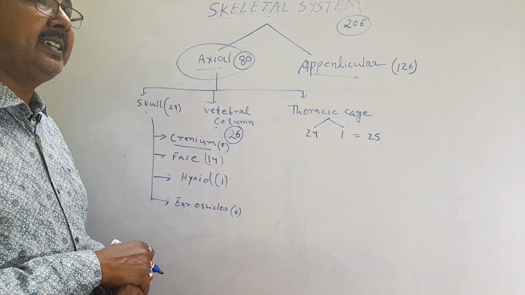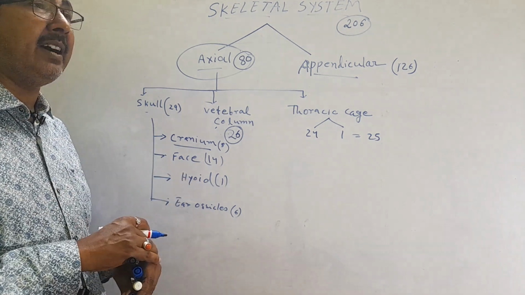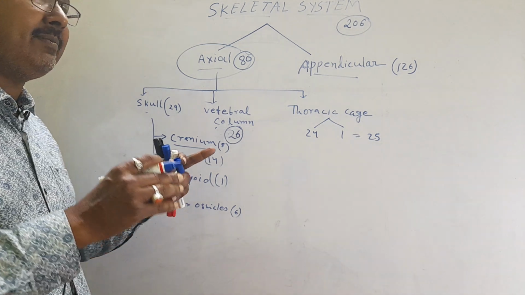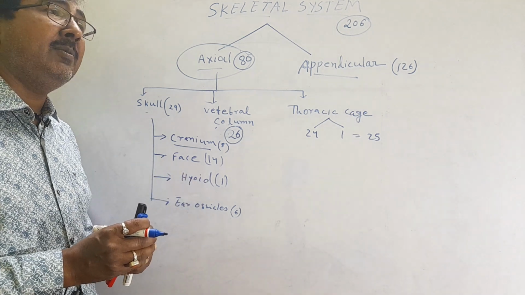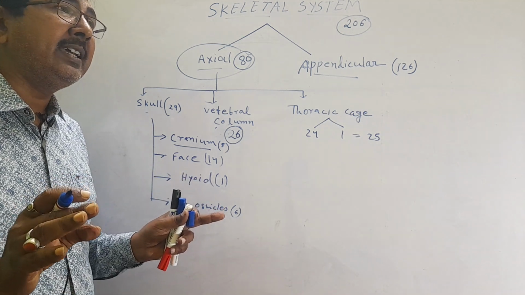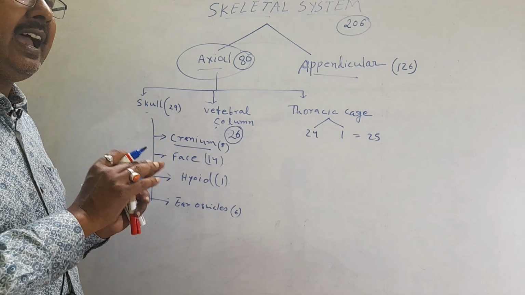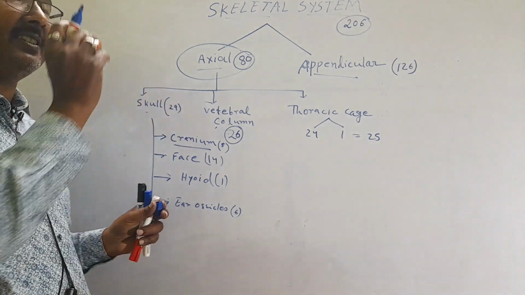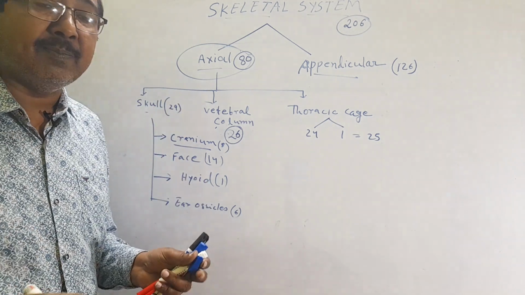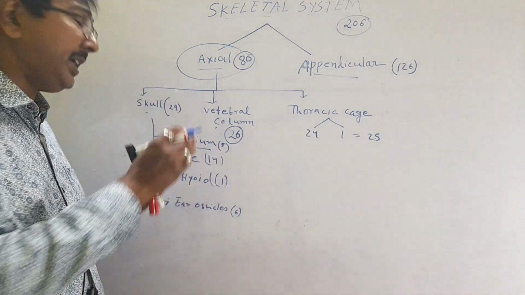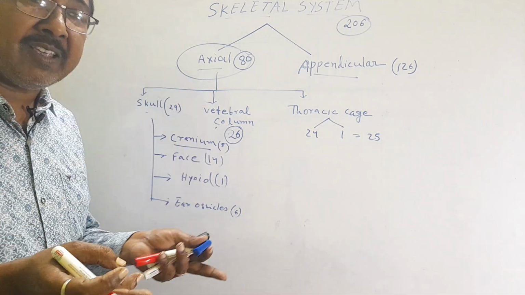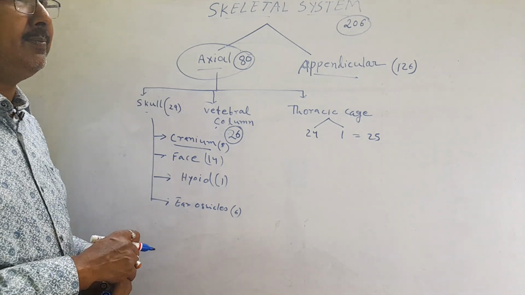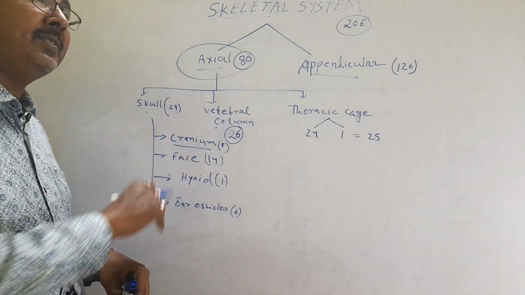An orifice is also present in the cranium, called the foramen magnum. It is very important. It is present behind the skull, and the spinal cord attaches to the brain through this orifice. That's about the cranium.